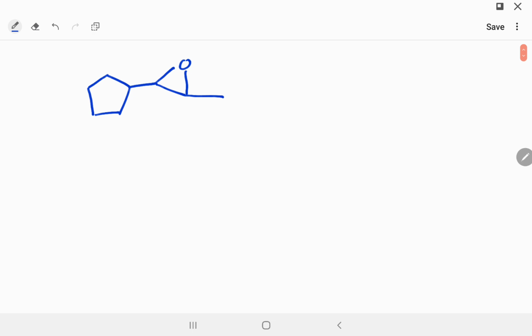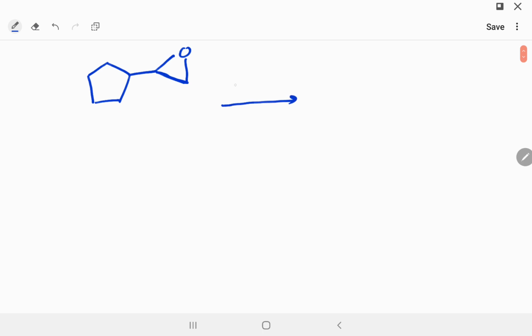Let me draw it a little bit better, and maybe I will remove this carbon. This is the epoxide that we have, and let's say you are treating it with HBr in the anhydrous medium. What will be the expected product?